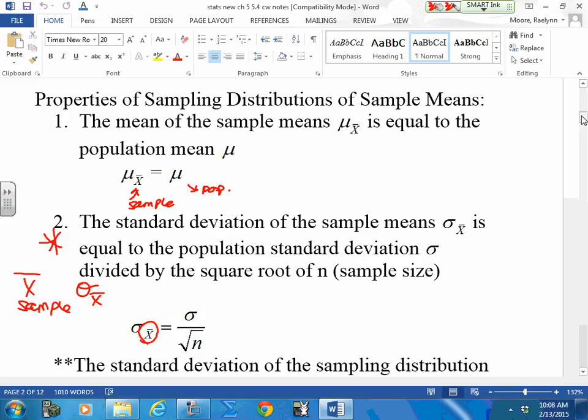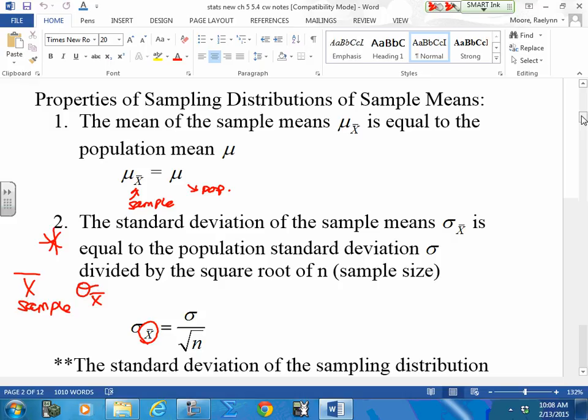Okay? So to find this is different than the n-1 thing with your Sx. To find the standard deviation from your sample means, we take whatever the population standard deviation was and we divide it by the square root of how many are in your sample. So obviously it's going to shrink down your standard deviation.